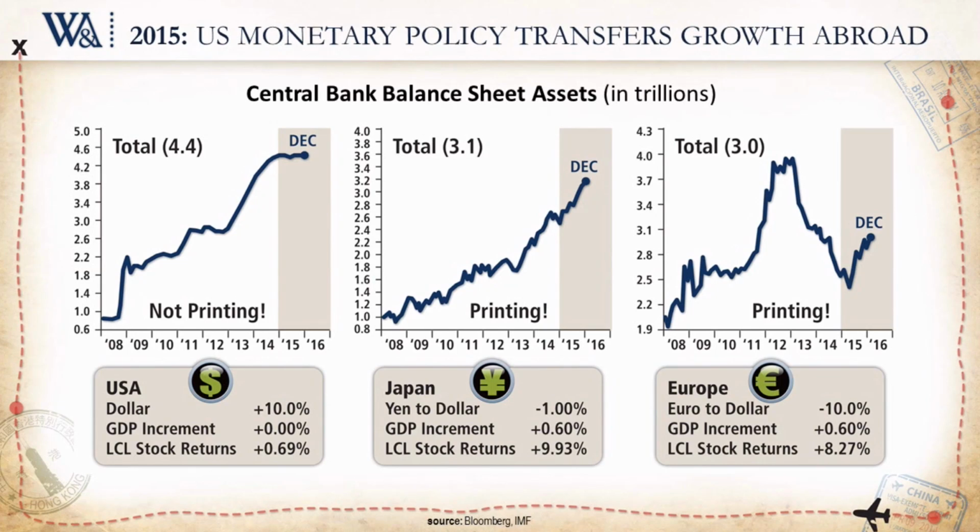The Europeans did reinitiate their quantitative easing process mid-year last year, so they printed money. Their GDP number went up. And if you were a European investing in European markets in euros, you actually had about an 8.5% rate of return last year. So the US monetary policy exported economic growth and investment returns abroad. Aren't we generous?